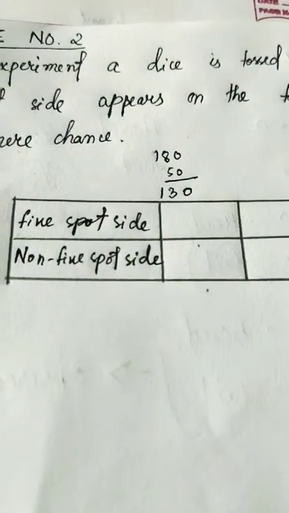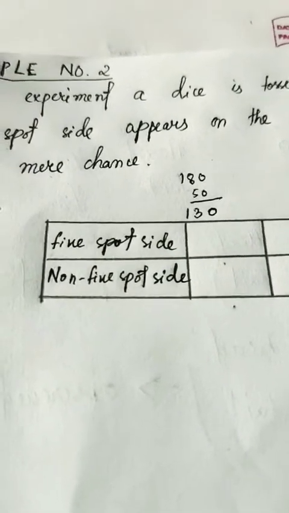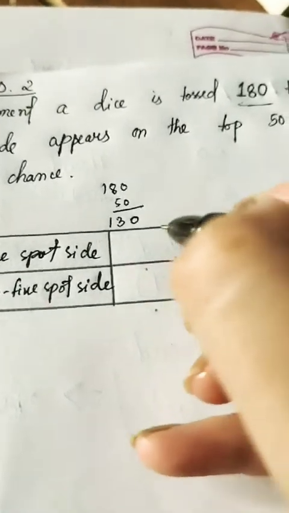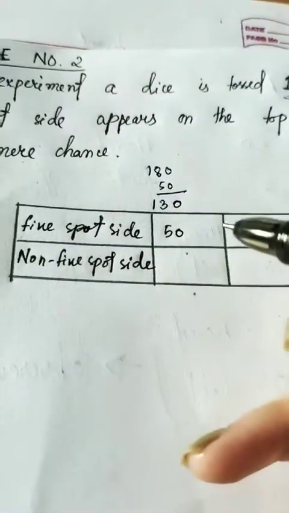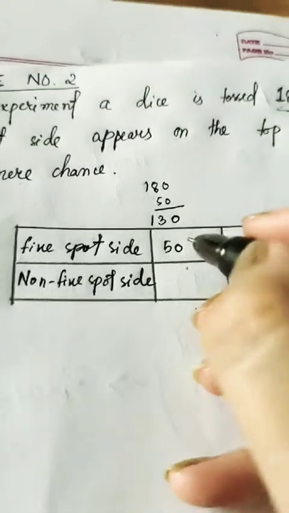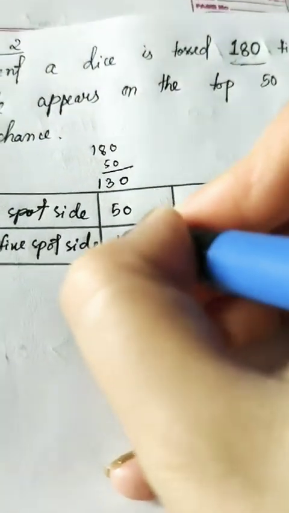So we have to write it down as 5 spot side and non 5 spot side. The 5 spot side observed on top was 50, and the non 5 spot side was observed to be 130. So was it a mere chance?